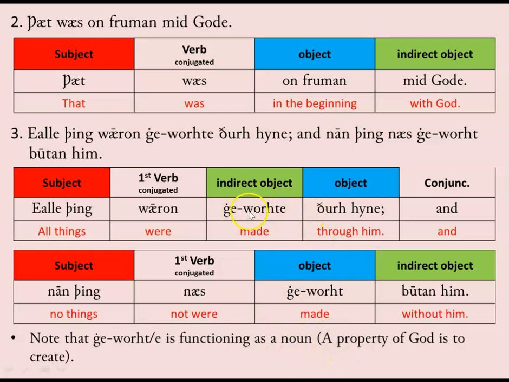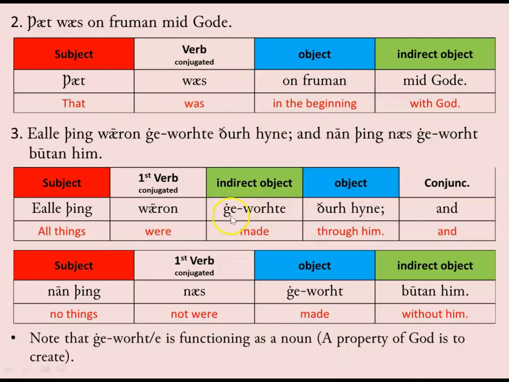So what the author's trying to show is that, yes, God creates in the sense of a verb, but God is also creator in the sense of noun. So yes, God makes things, creates things, does things, okay? That is the verb part. But God is also the source of creation, the motive force, the creation itself. And so it is a property of God. And so what's happening here is that what appear to be verbs are actually being used as nouns.